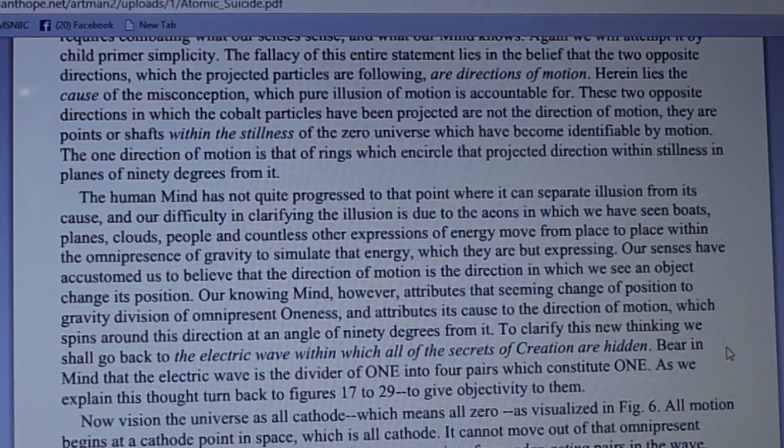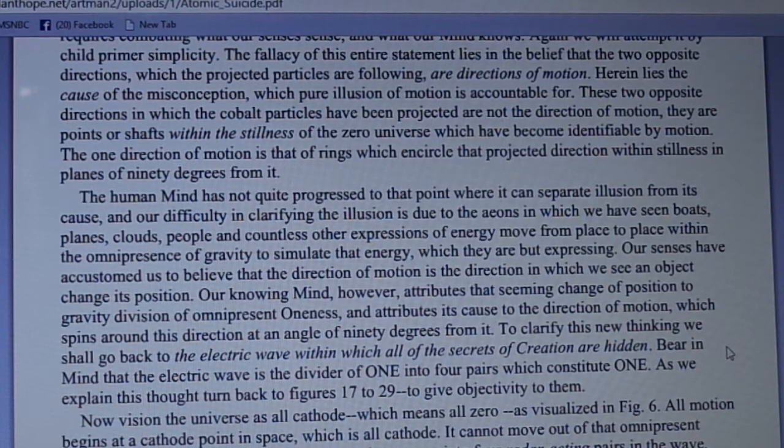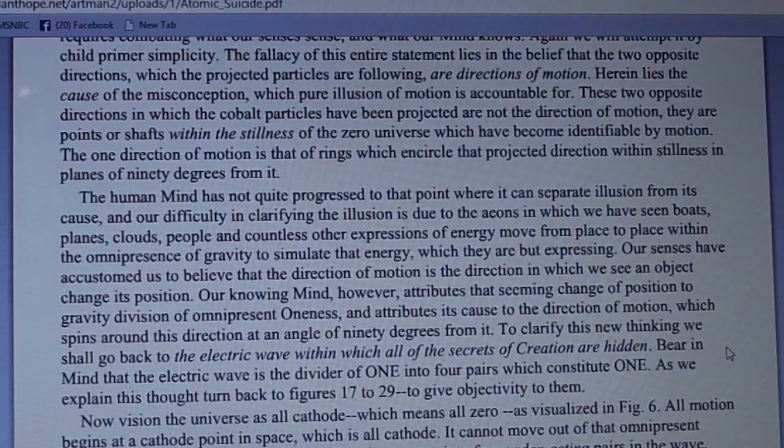To clarify this new thinking, we shall go back to the electric wave, within which all of the secrets of creation are hidden. Bear in mind that the electric wave is the divider of one into 4 pairs, which constitute one.